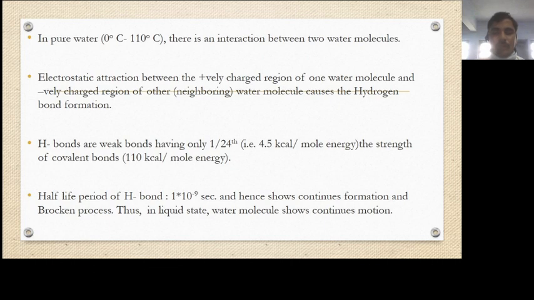If we see the half-life period of the hydrogen bonds formed between water molecules, it is 1 into 10 raised to minus 9 second. Because of this very short half-life period, there is a continuous formation and breakdown of the hydrogen bonds between water molecules, and thus in the liquid state water molecules show continuous motion.